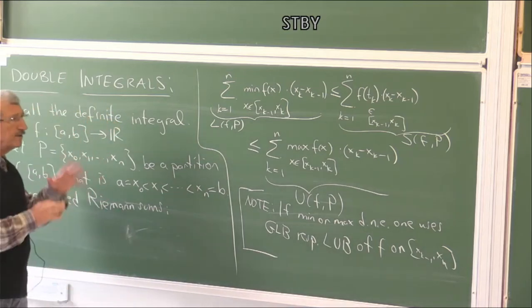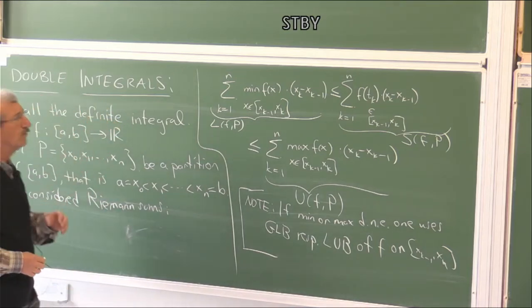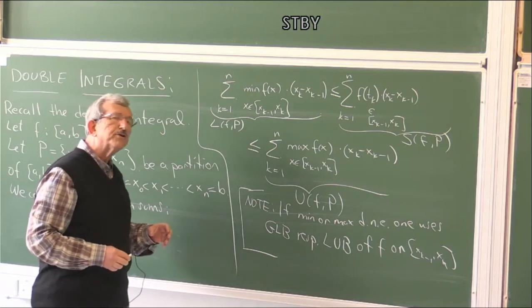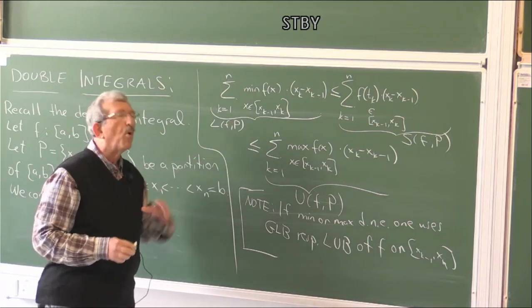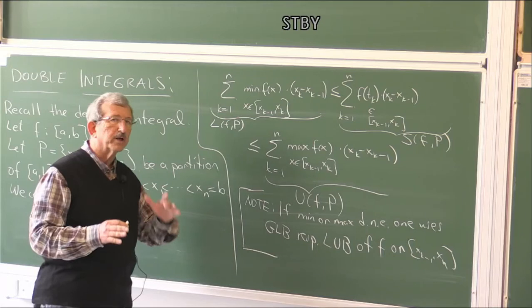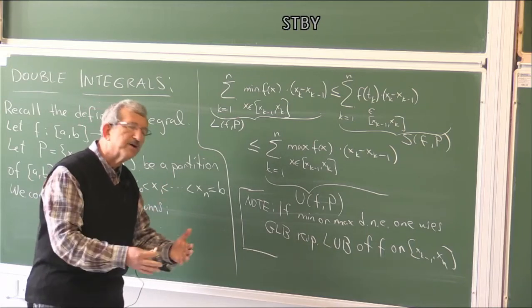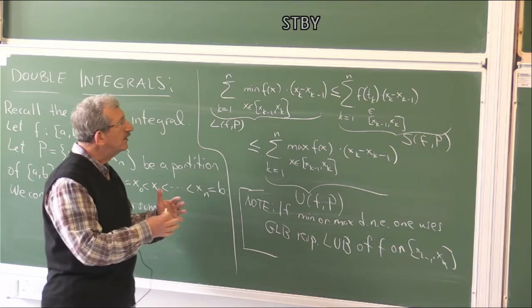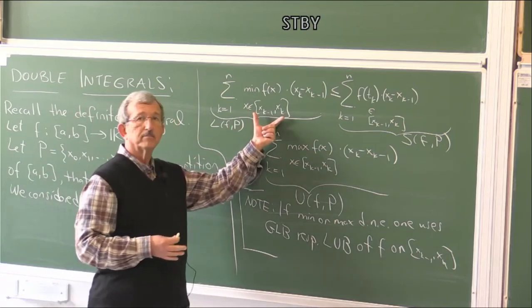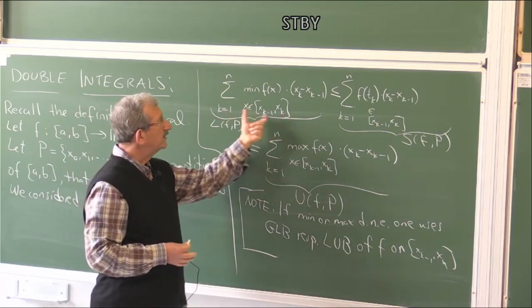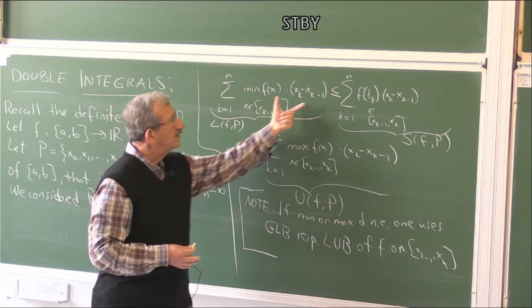When we look at this definition, actually we observe that we are not interested in the endpoints x_{k-1} and x_k, but rather we are interested in the interval. So x is in the interval, and this is the length of the interval.